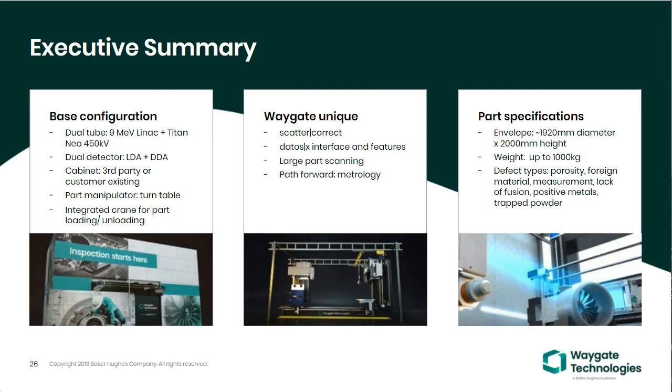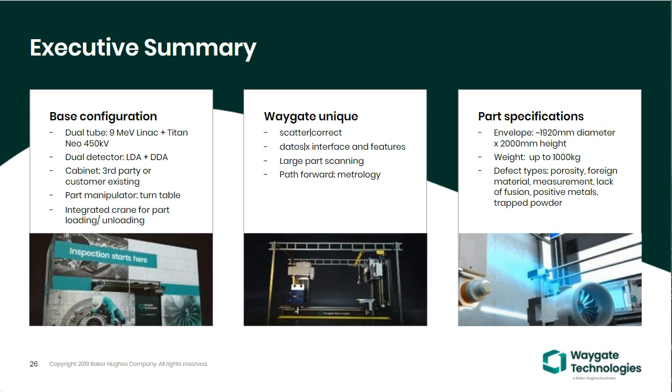Again, we used our scatter correct, our Datos X software, and large part scanning capabilities, so the V sensor and the offset scanning. We've also built this with precision in mind, to be able to do a level of metrology for these components as well. The part envelope we targeted to hit the middle of a lot of what you're seeing is roughly 2 meters cubed, weighing up to 1,000 kilograms.